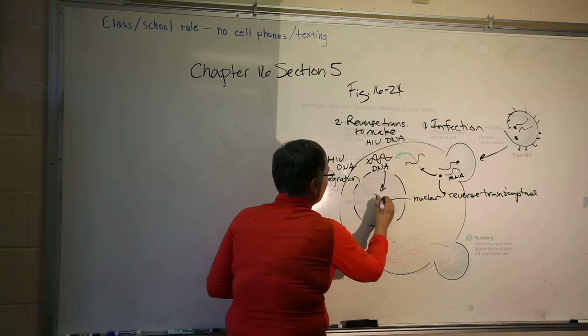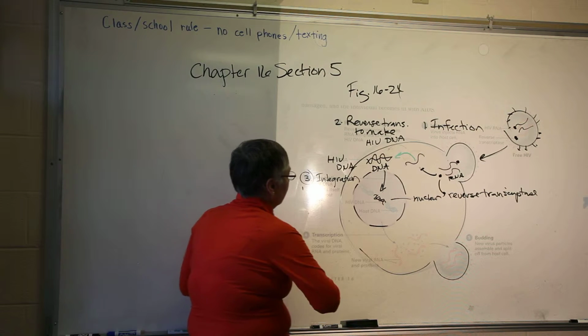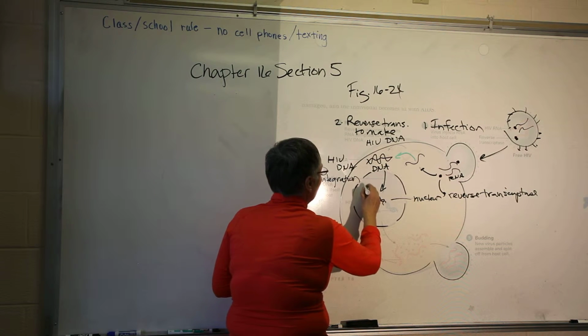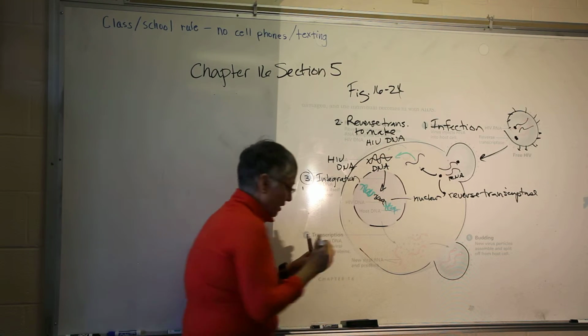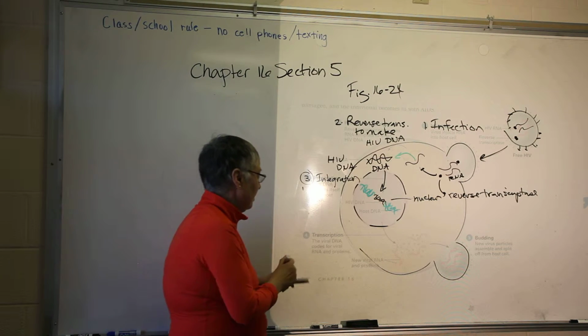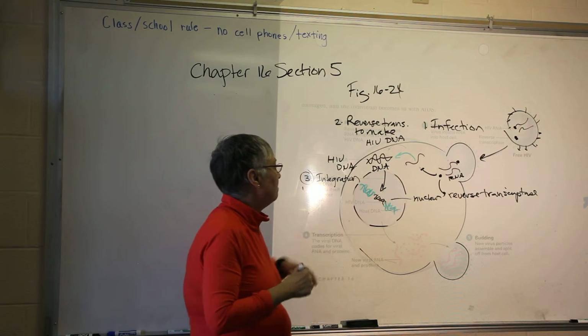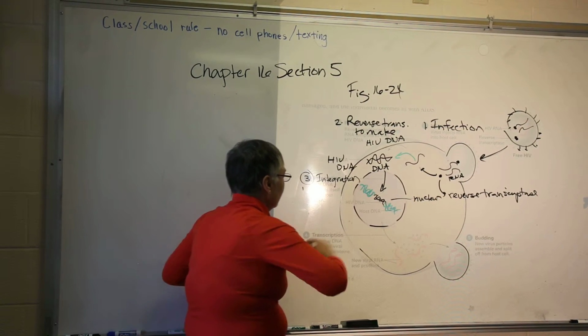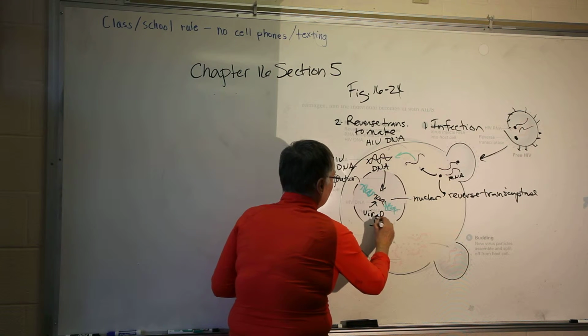And that piece of viral DNA is going to insert itself into the host DNA, into one of the chromosomes of the T helper cell. So this is viral DNA.